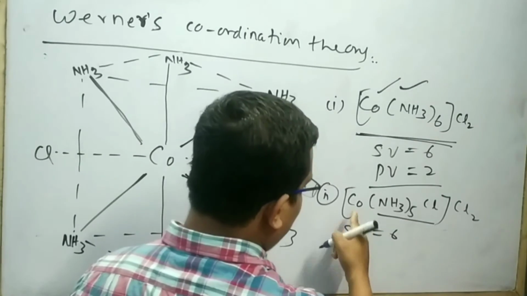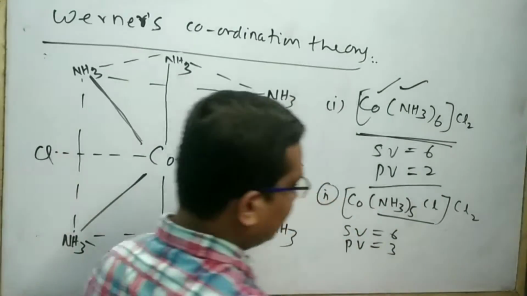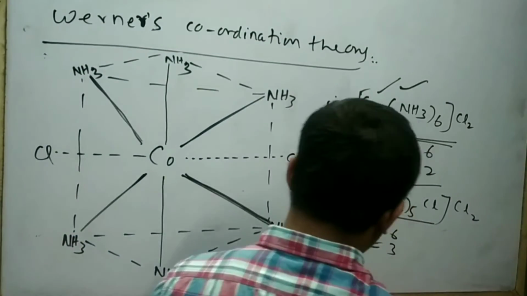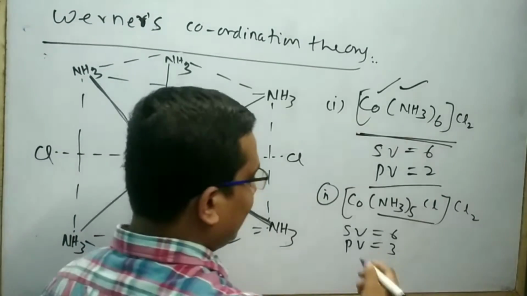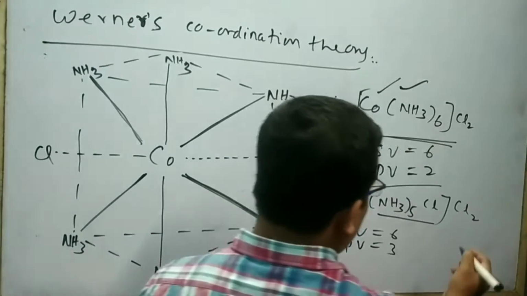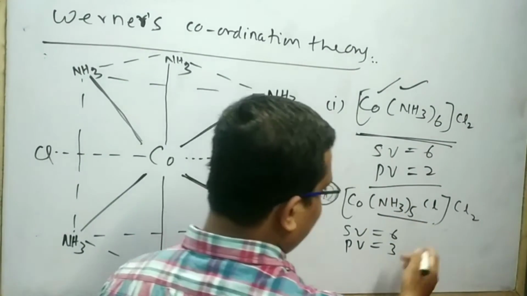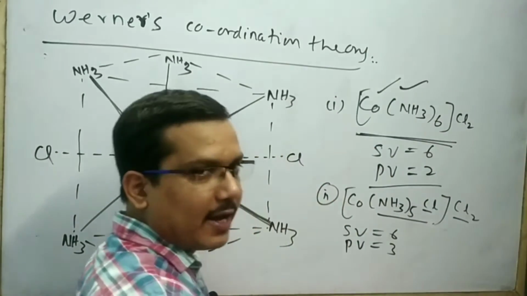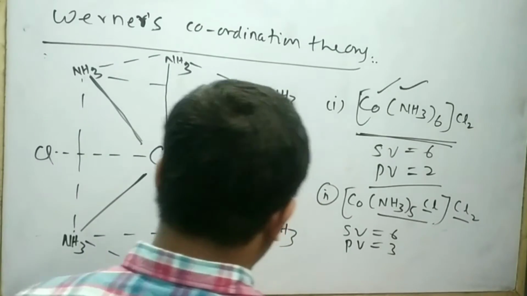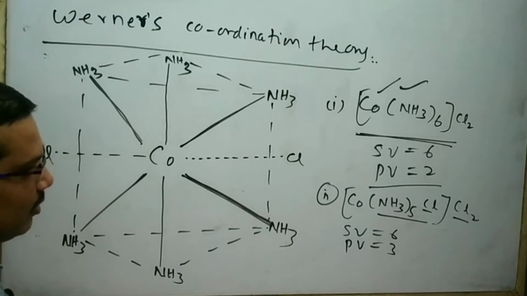The primary valency of this central metal atom is 3, because we know that primary valency corresponds to the oxidation state, and primary valency is also satisfied by negative ions. According to the structure of the compound, there are 3 negative ions present, so the primary valency is 3. Now I want to draw the structure of this compound.